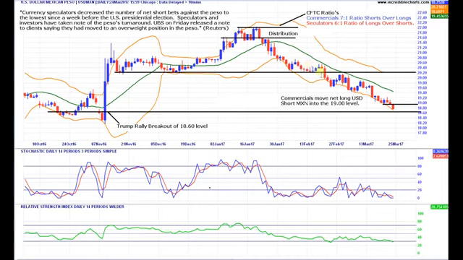Now, what has actually happened is speculators have got hit hard in terms of the decline in the USD. And what happens into the 19 level? Speculators are now almost even in terms of longs and shorts.